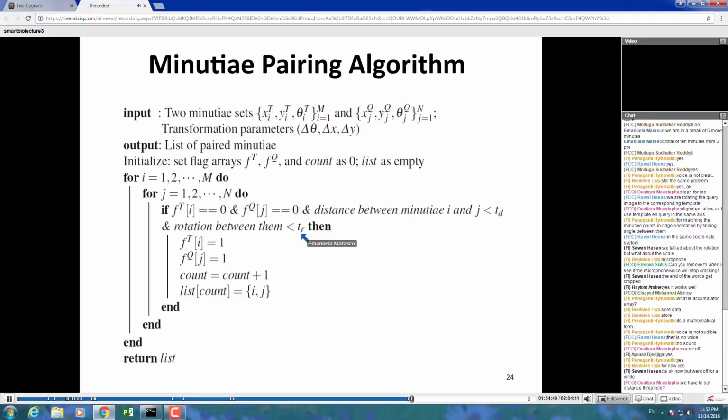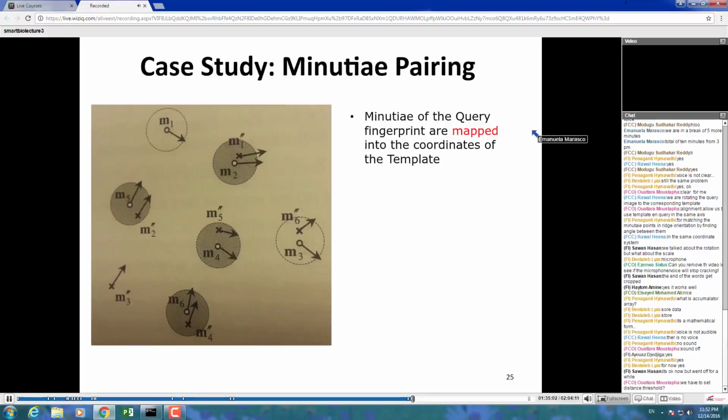For example, we have minutia of the query mapped into the coordinates of the query. So we have questions to ask. This is the case study. Which minutia are paired in this figure? According to the discussion that we had, which are the minutia that pair?